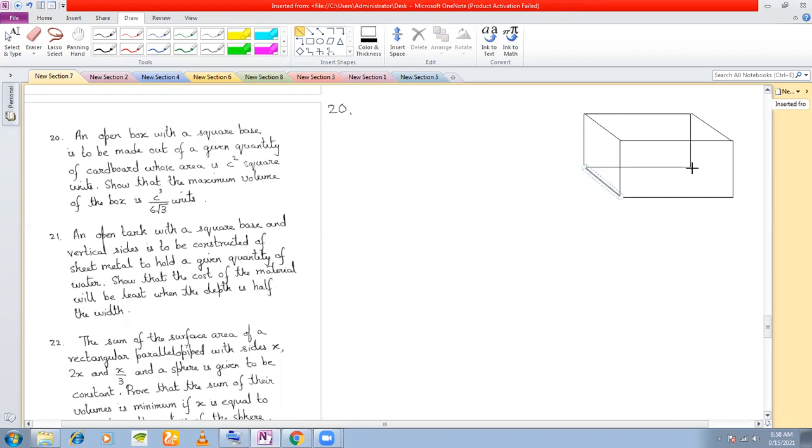This cuboidal box will have a square base. Square base means length and breadth both are x, and let us consider the height to be h. Also, what is given is that the area of the cardboard is c square units.